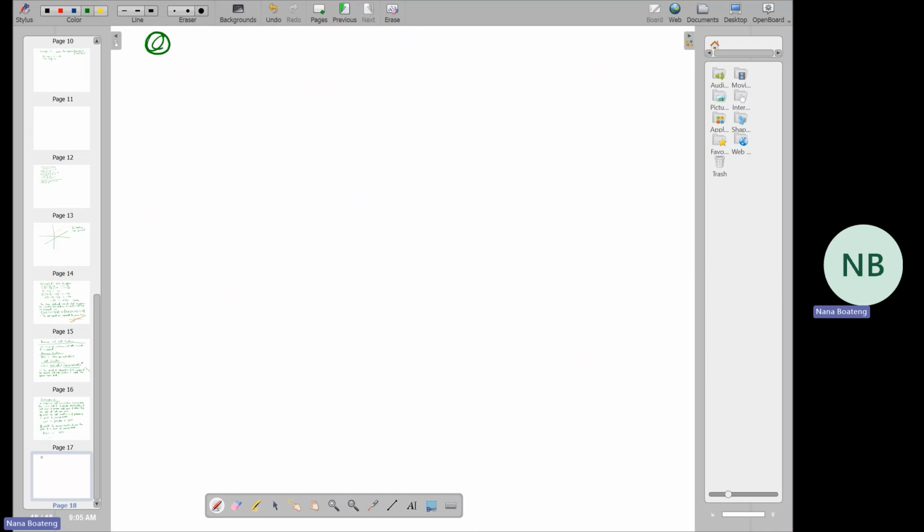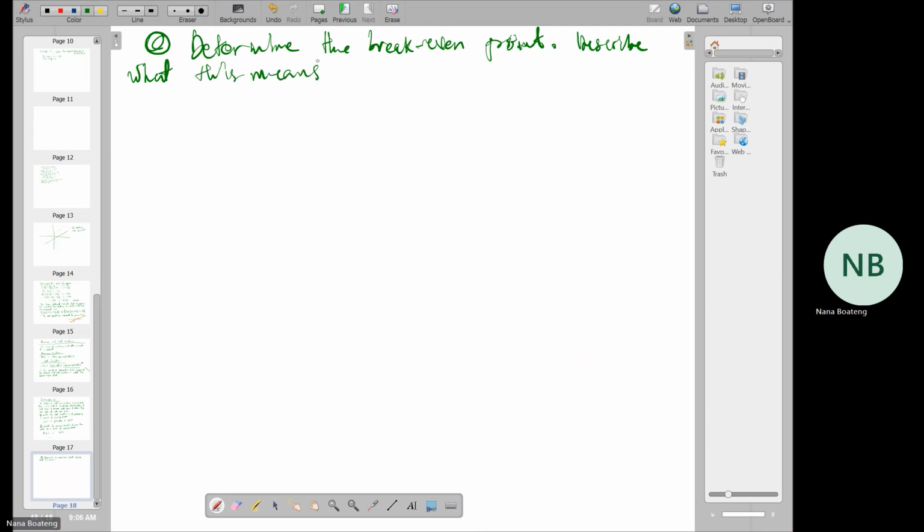C says determine the break-even point and describe what this means.